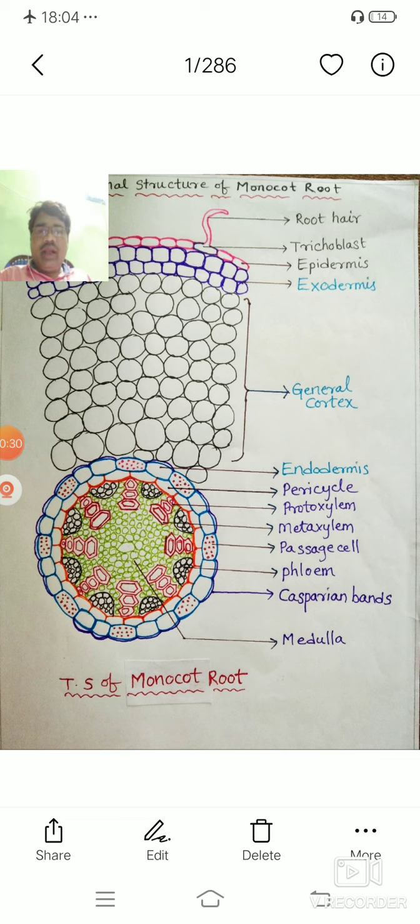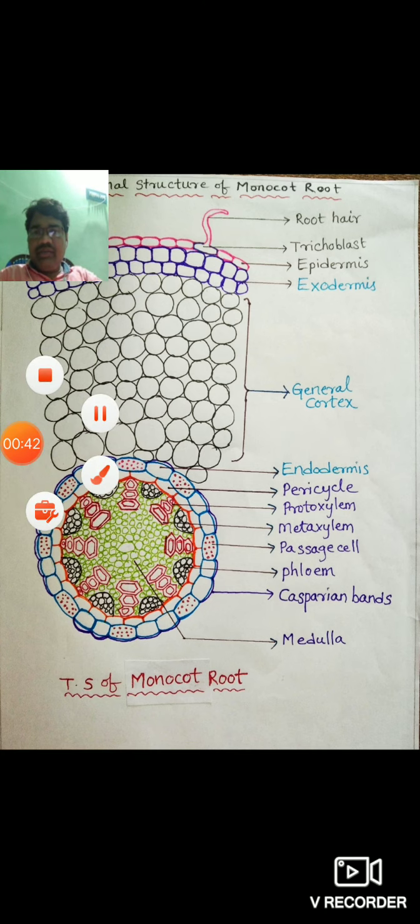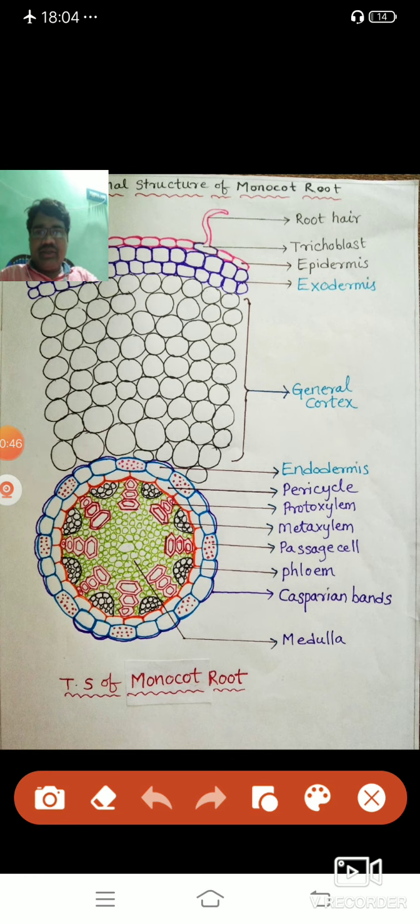In this TS of monocot root, it consists of three main regions. The first one is epidermis. This is epidermis. The second region in the monocot root, cortex. This is cortex region.